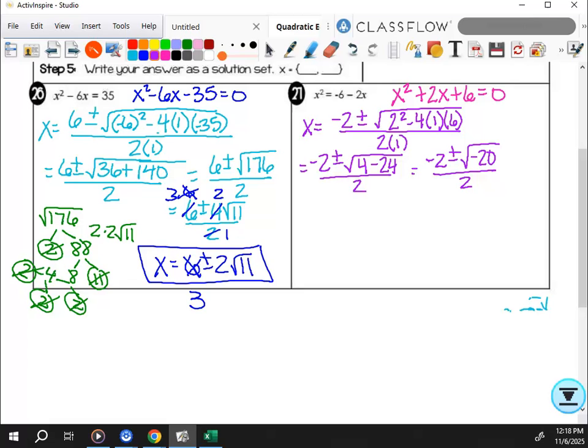Cannot reduce it right now because I don't have a number in front of the square root. And I cannot just knock out those 2's. But I can simplify the square root of 20. So go ahead and simplify your square root of 20.